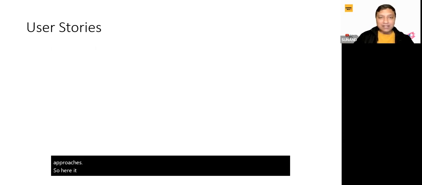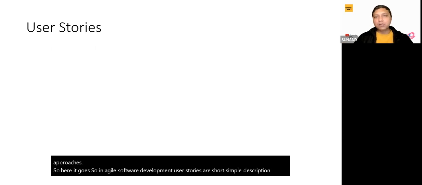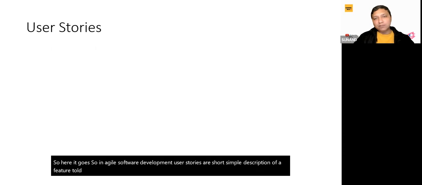In Agile software development, user stories are short, simple descriptions of a feature told from the perspective of the person who desires the new capability, usually a user or a customer of the system.